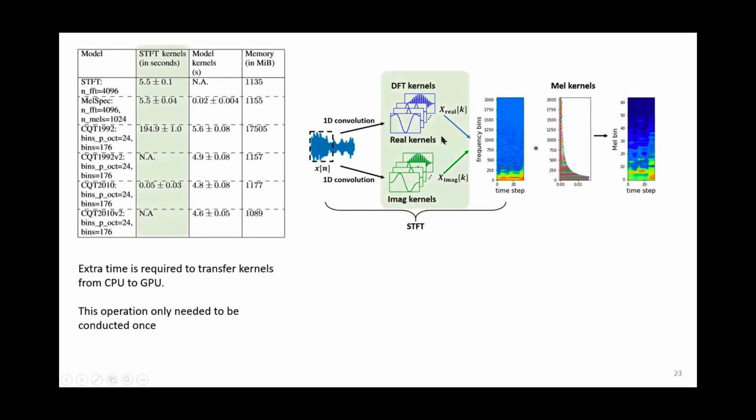And some algorithms have a second set of kernels, for example, the Mel spectrogram. It also takes time to initialize these kernels. But actually, the time is negligible. You can consider it as a model initialization time, except for CQT 1992. That's why previously I mentioned that CQT 1992 is not practical. But if we improve it to CQT 1992 version 2, it's actually practical again.